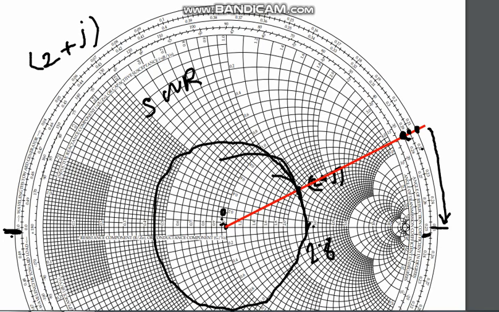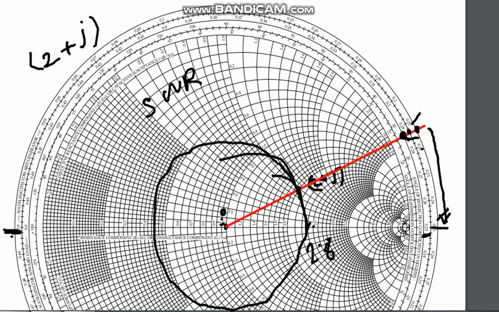If it is from generator, you subtract this from this, and if it is from load, you subtract this scale from this. So if it is load, it's 0.295 minus 0.25 times lambda. Whatever the value of lambda, that will be the answer of the minima shift.